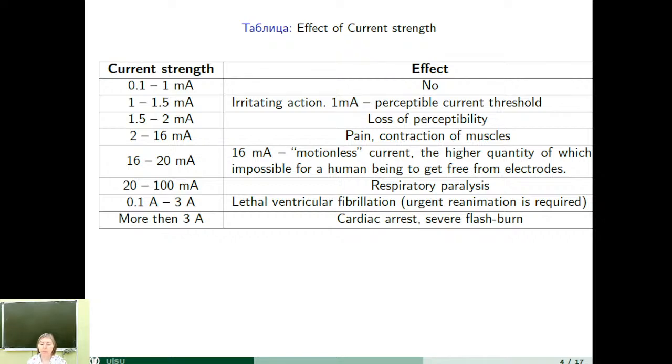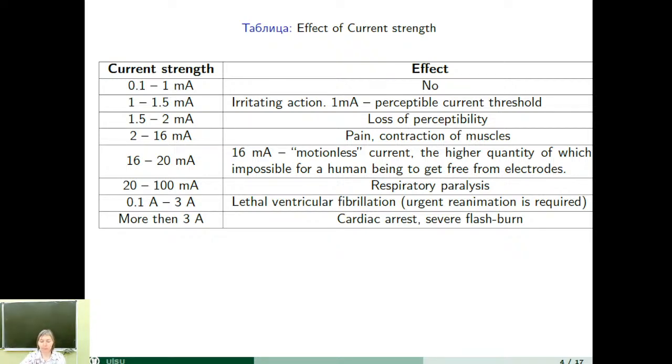And for a human in a different condition, the current strength of just ampere, not a milliampere, but just ampere, is very dangerous.